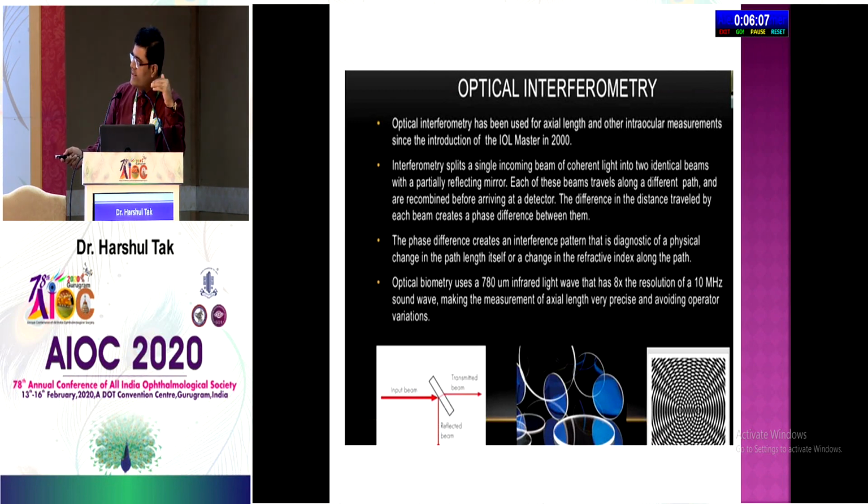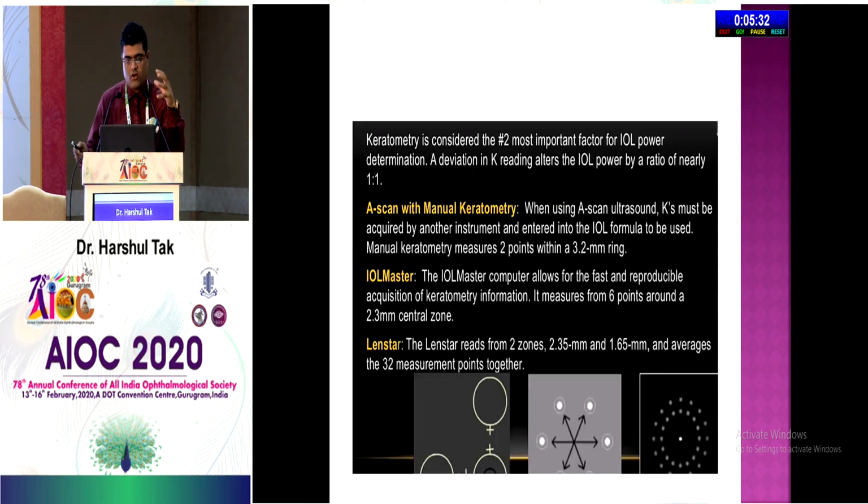What is done in this is that it uses a 780 nanometer infrared light, and when this ray of light hits a partially reflecting mirror placed here, the incoming coherent light gets split into two identical beams, and the phase difference between these two lights, when they come together, gives the optical path difference, which gives us the measurements of the ocular tissues.